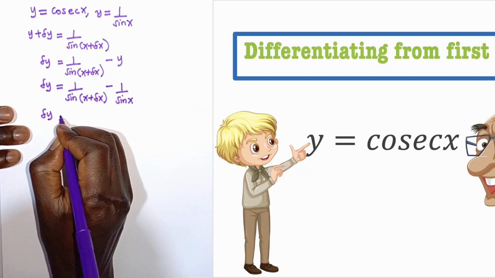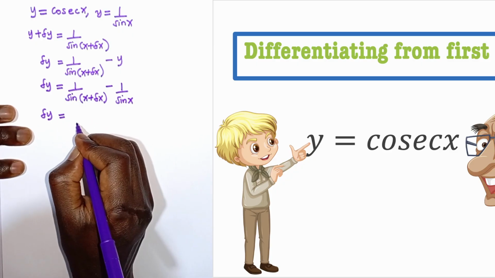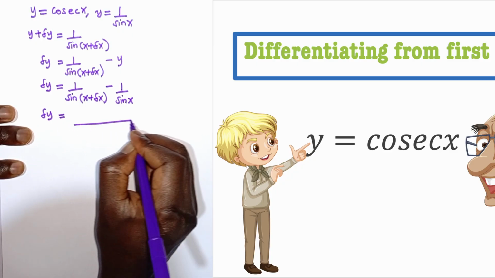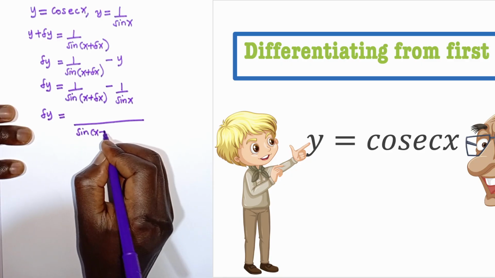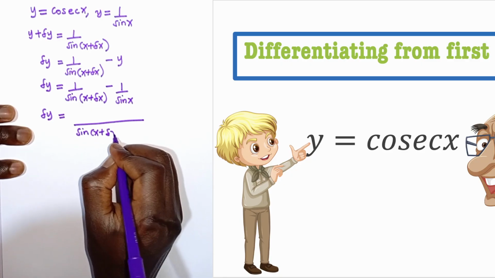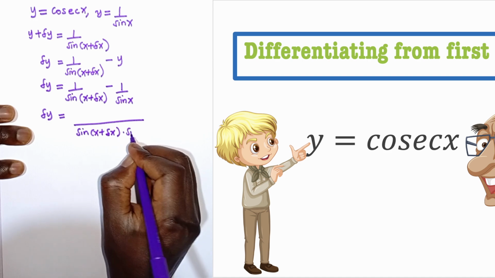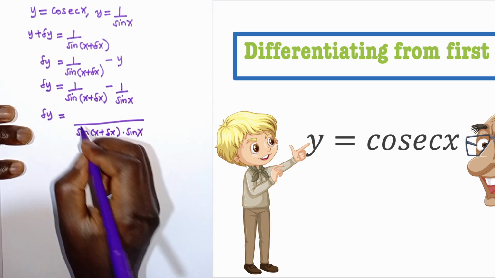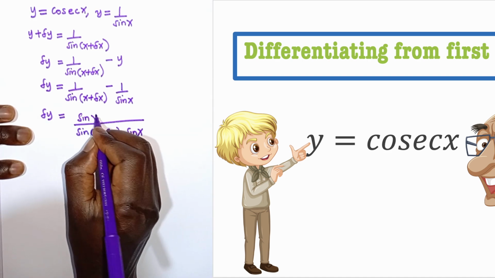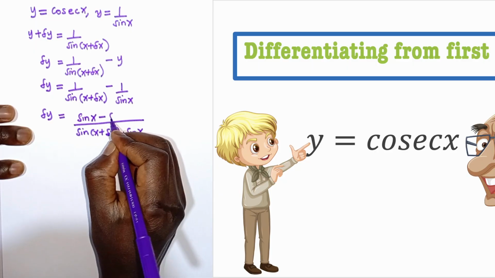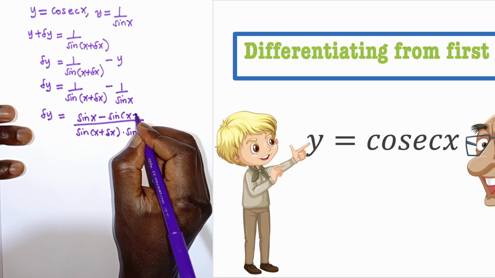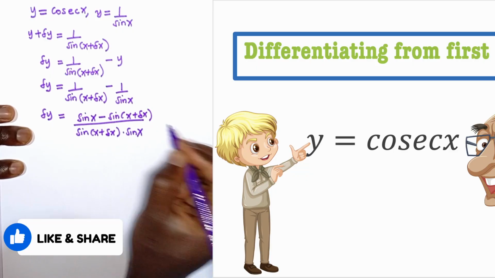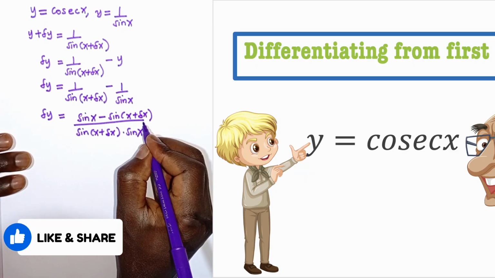So when we get the LCM and simplify, LCM is sine of x plus delta x times sine x. So above simplified, we get sine x minus sine of x plus delta x. So that's small change in x.